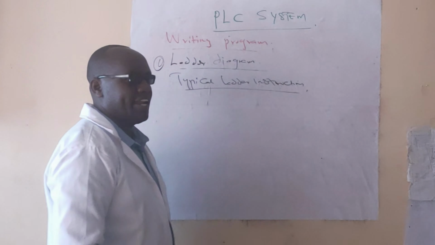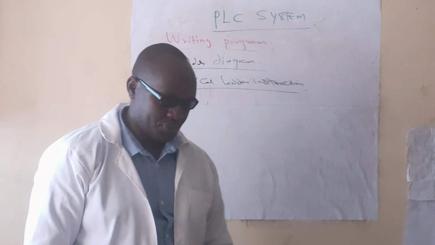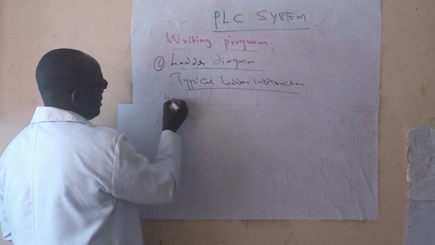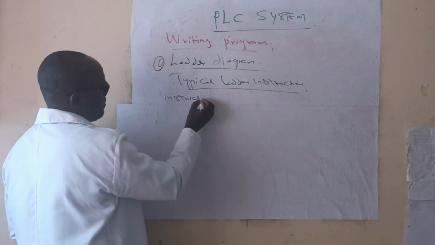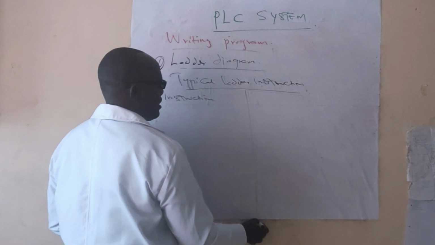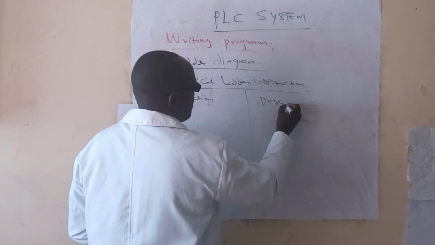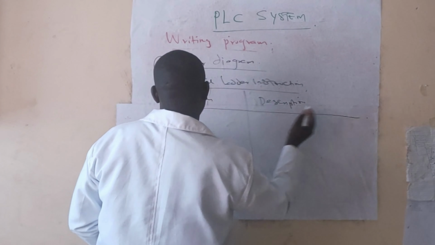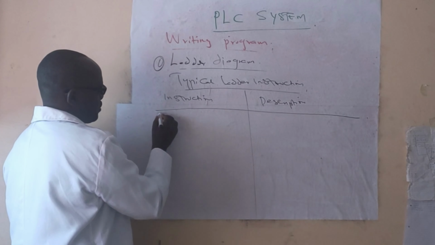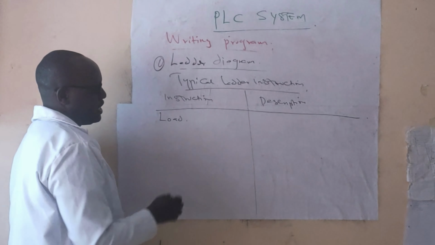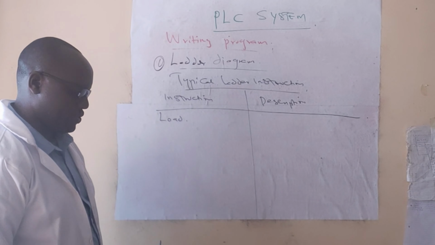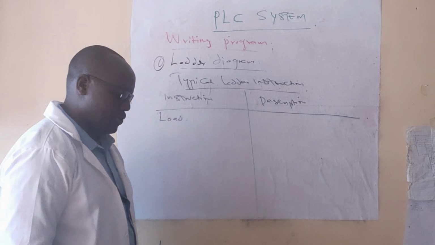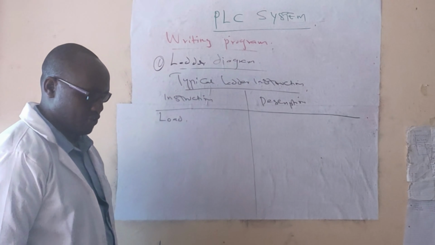Typical ladder instructions. So we can have here the instructions and then the descriptions. One of the instructions would be the load. Load means the logic state of the start input.